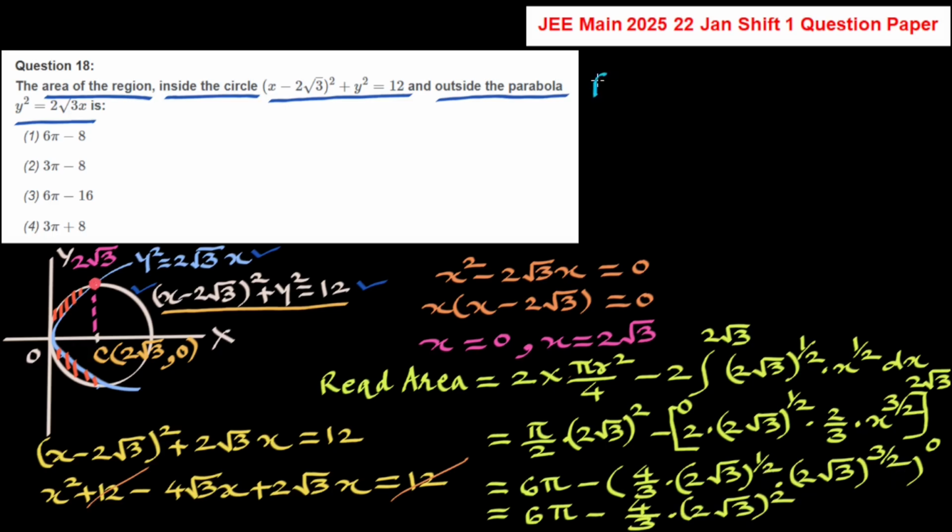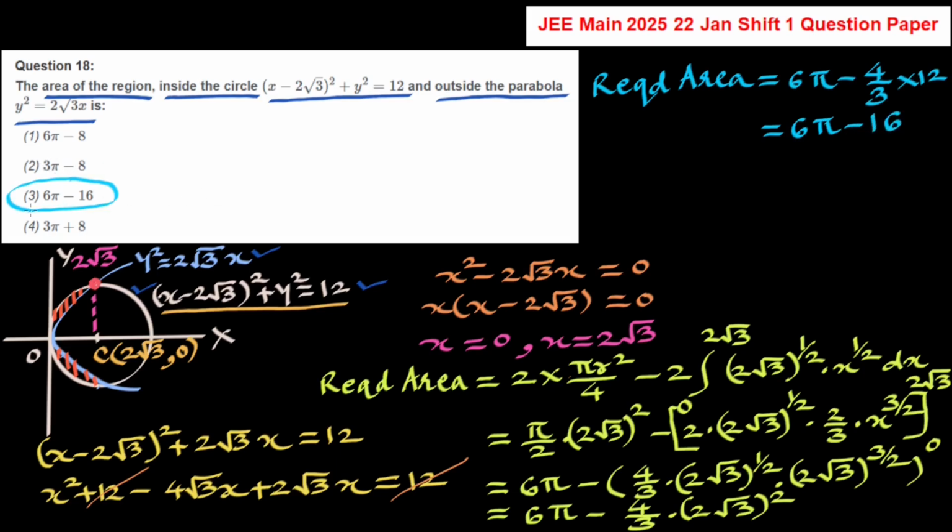So the required area will be 6 pi minus 4/3 into 12, 6 pi minus 16. So the correct answer option here is 3, 6 pi minus 16.